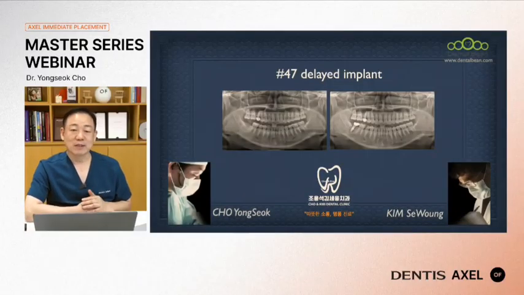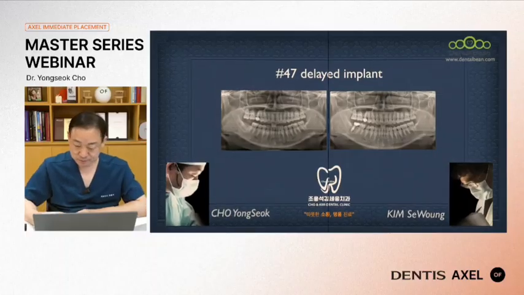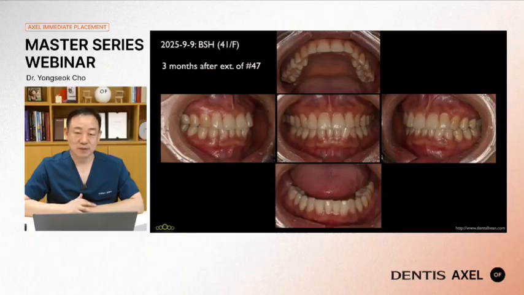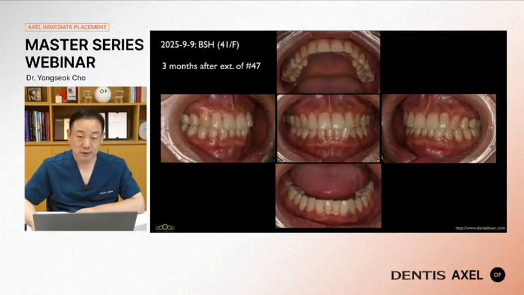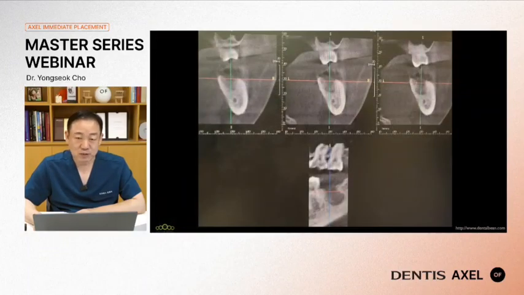Let me show one more delayed implant surgery case. The patient had the right second molar extracted 3 months ago, and the panoramic image looks like this. The patient had the tooth extracted at another clinic, and here is the CT view of this patient.